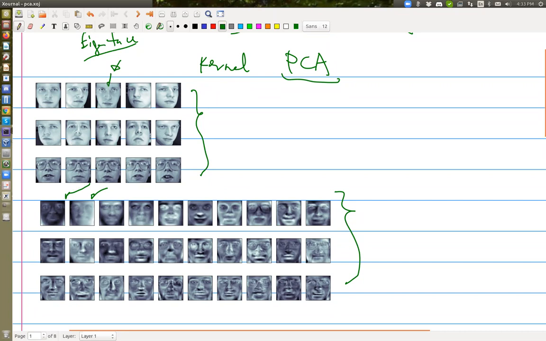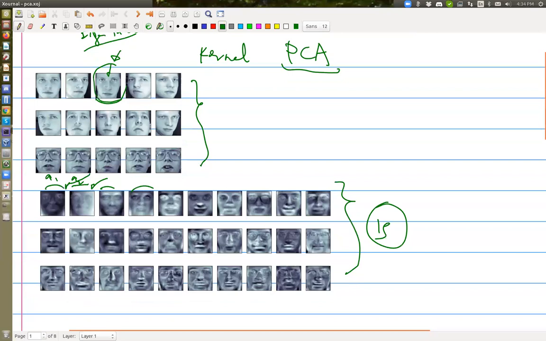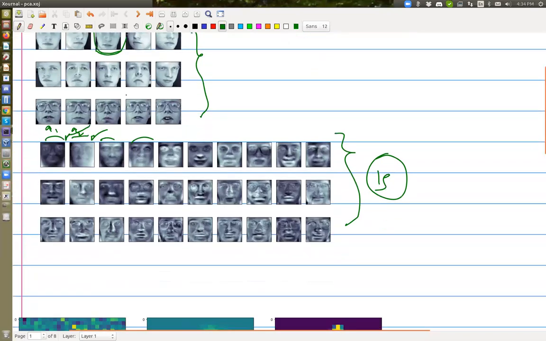I will literally do a dot product of this face with each of these components and get coefficients, A1, A2, and so on. In this case I will have 15 features, right? These 15 features I will use as input for the classifier instead of taking the original image directly. But I will elaborate more on what PCA precisely generates.